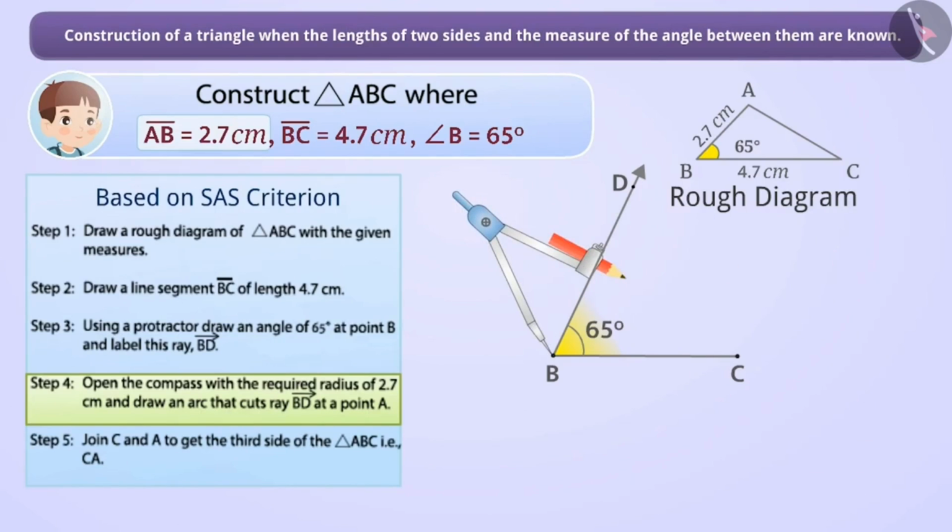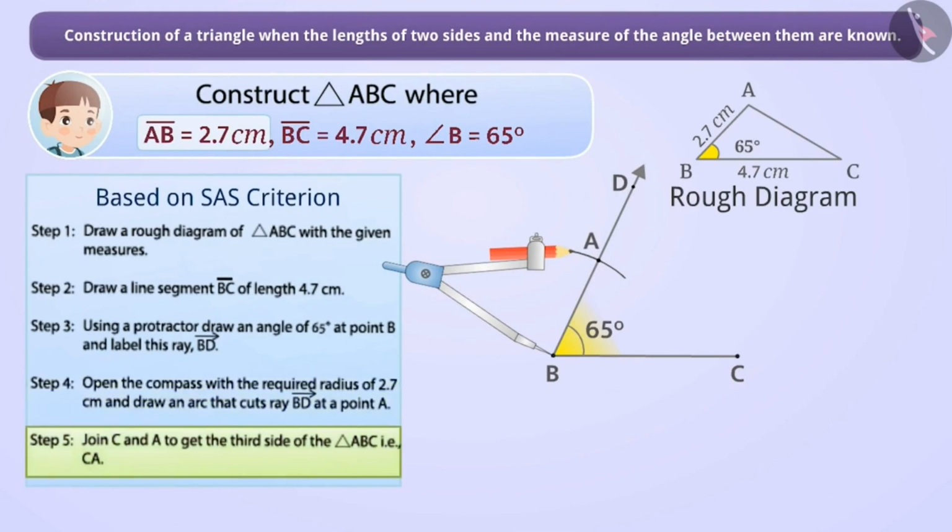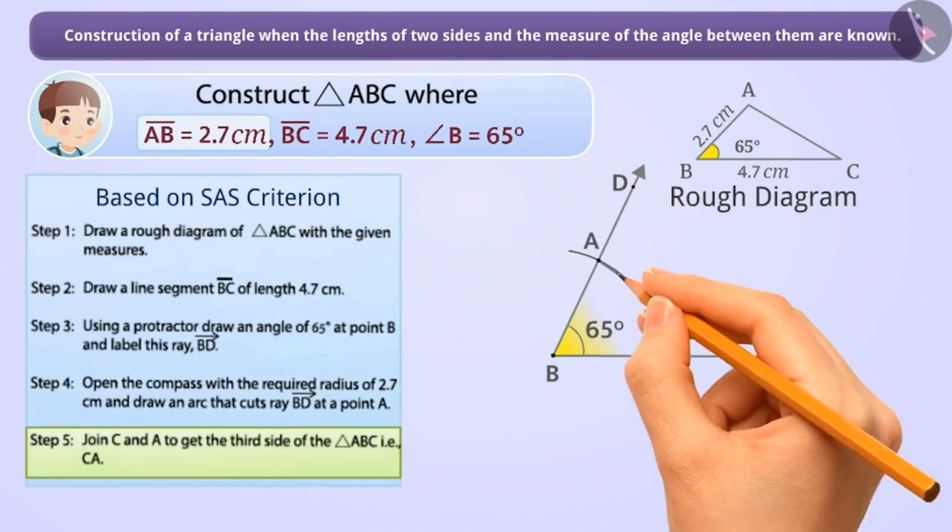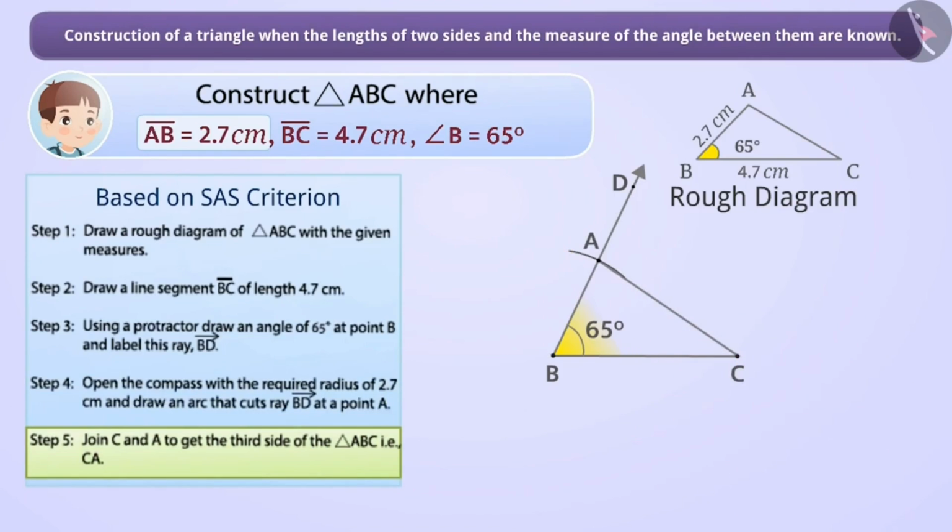The arc cuts ray BD at a point. This point of intersection is the vertex A of triangle ABC. Step 5. Join points C and A to get the third side of triangle ABC, that is CA. Thus, we obtained triangle ABC using the SAS congruence criterion.